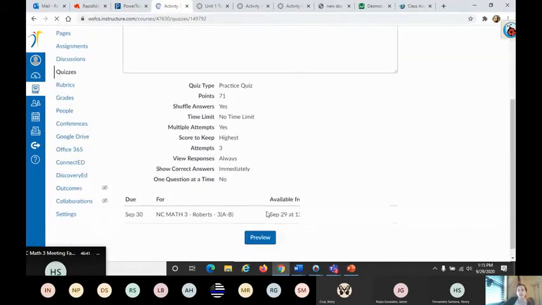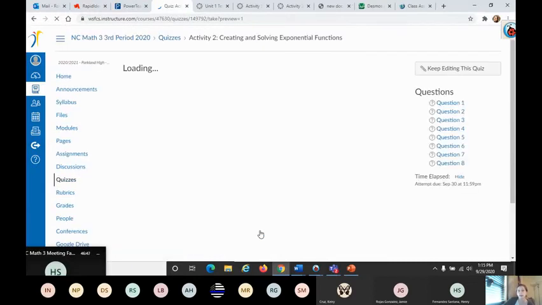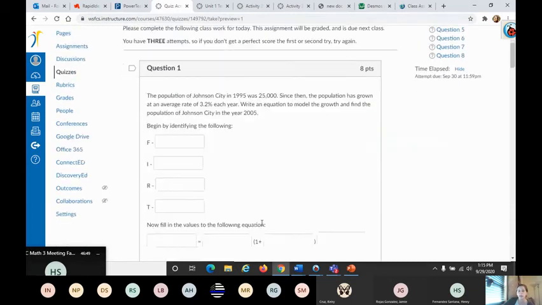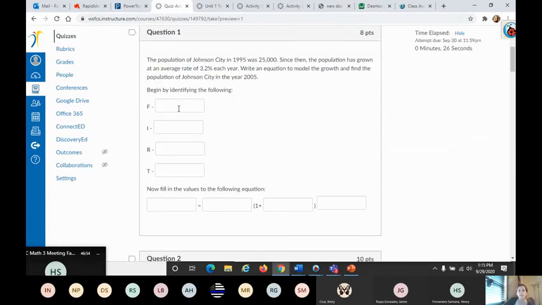Okay, so you're going to go to this creating and solving exponential functions. There are 4 problems on growth, 4 problems on decay, and I'm just going to show you what it looks like. So you're filling in blanks. You want to identify your F, your I, your R, your T, and then you're going to fill in the equation.